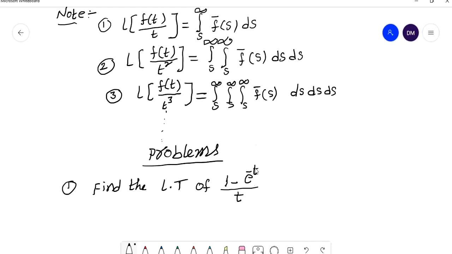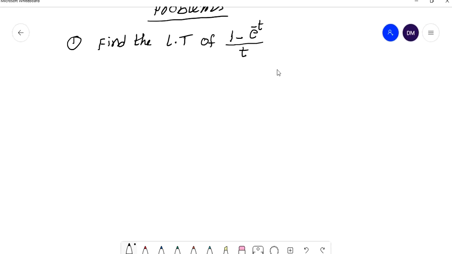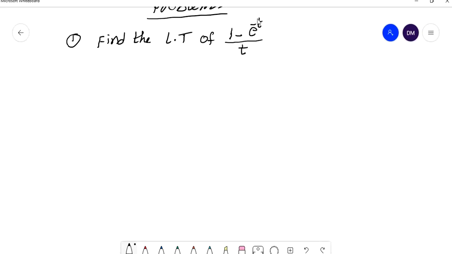So this is the first problem. See here, what is the solution of this problem? We have to find the Laplace transform of 1 minus e power minus t by t.